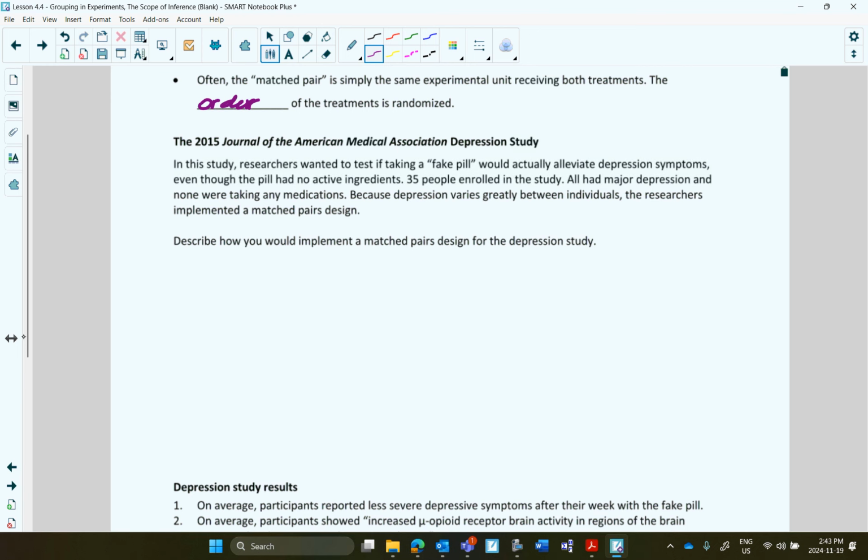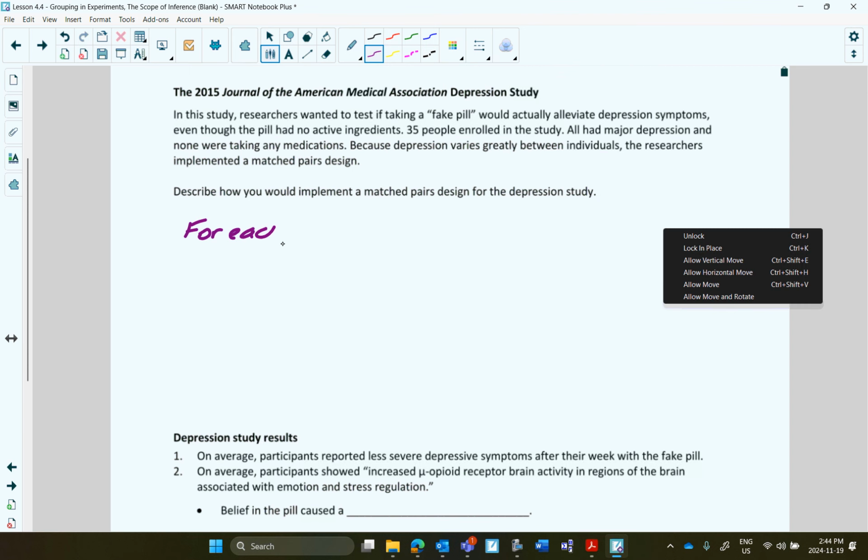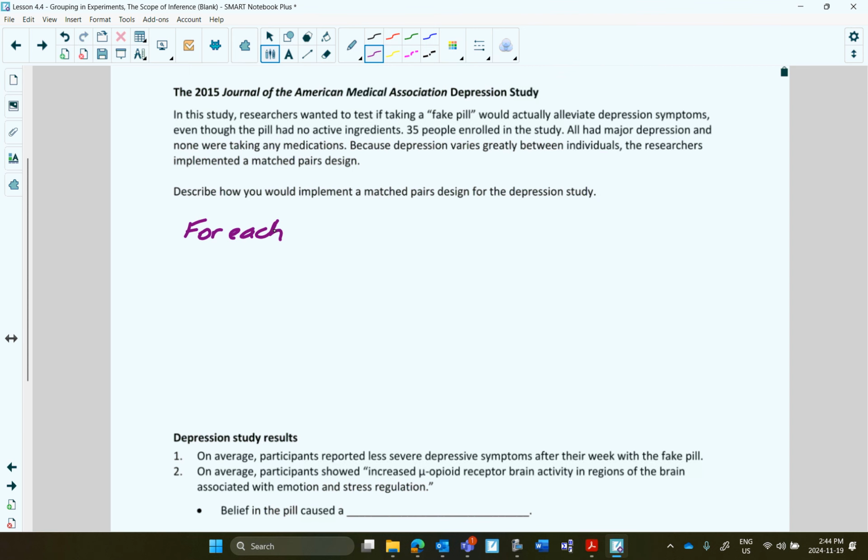Okay, let me write this. Let me describe this, and maybe this might help. For each subject, you guys said compare among yourself. Good idea. For each subject, flip a coin.